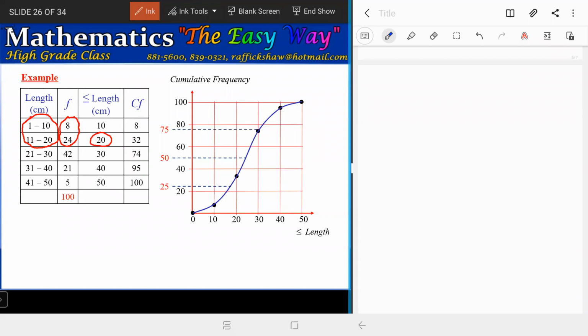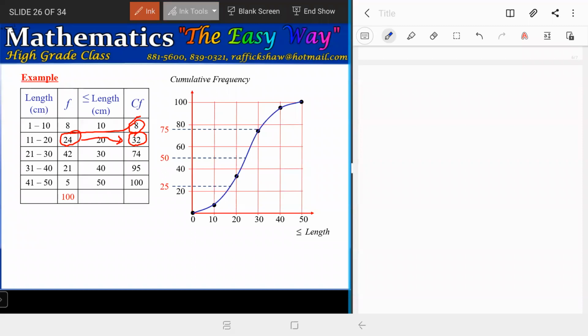We know the total number of leaves that measure less than 20 centimeters. So the total number of leaves that measure less than 20 centimeters is the sum of this and this, which is 32. So this value is obtained by adding the 8 plus the 24 more to give me the 32.